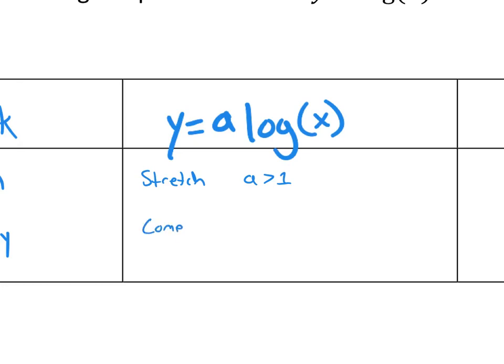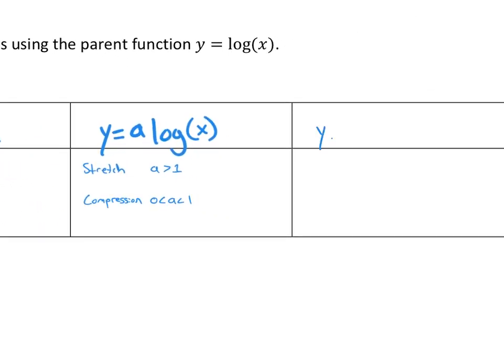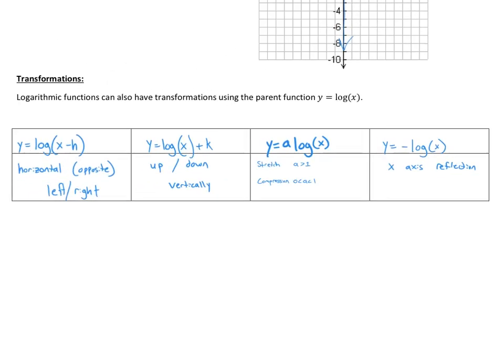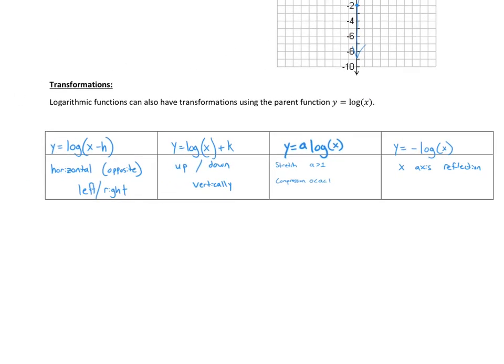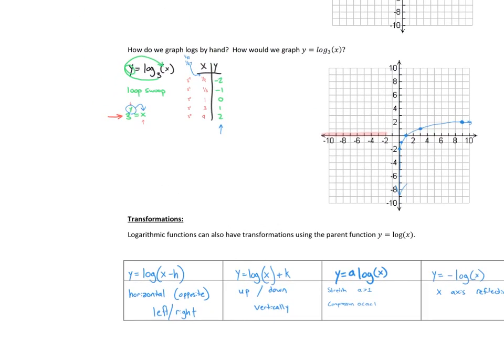It's what's called a compression if a is in between 0 and 1. It'll slow down how fast it's growing. And then finally, if you had a negative out in front, that is an x-axis reflection. It would turn it upside down. Those shifts allow us to continue to graph logarithm functions.